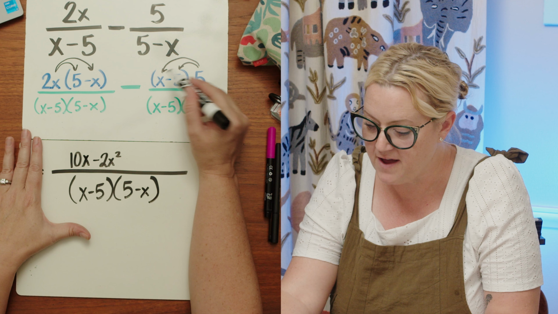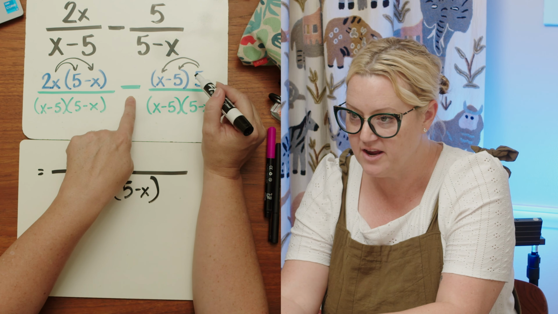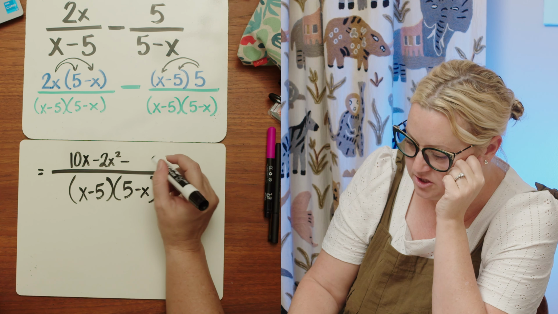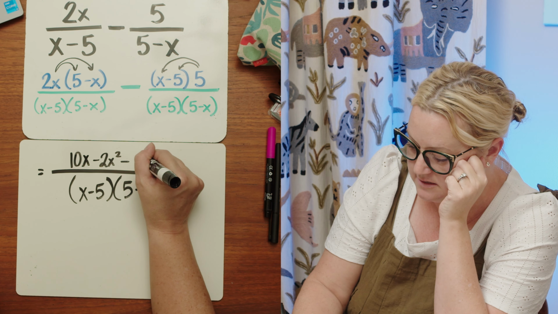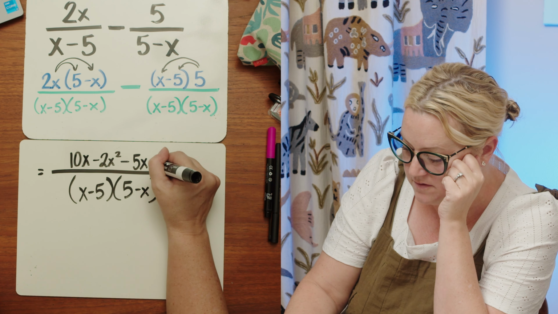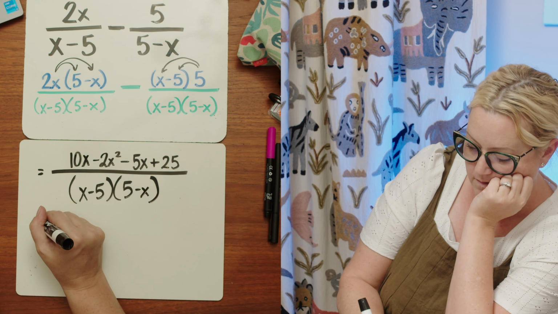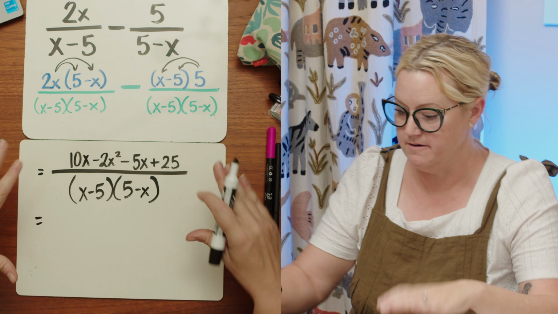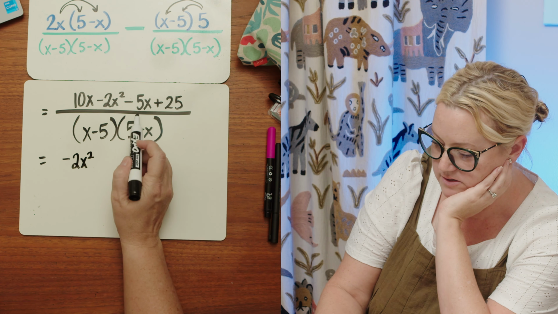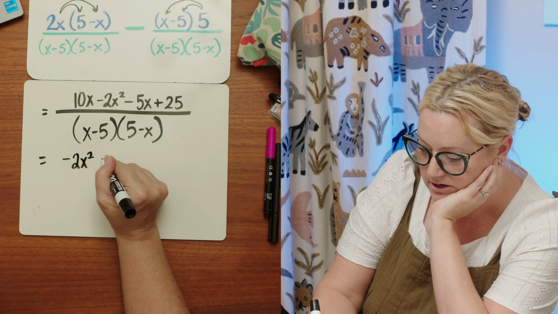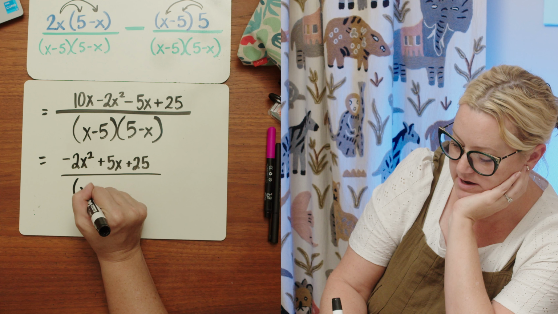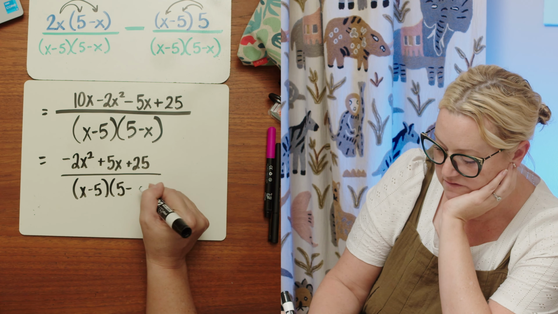So this becomes 5x minus 25, but here I'm subtracting it, so it's going to be minus, and 5x minus negative 25 becomes plus 25. So now I'm going to combine my like terms. I'm going to take negative 2x squared, minus 5x and plus 10x. So I have plus 5x plus 25 over x minus 5 times 5 minus x.